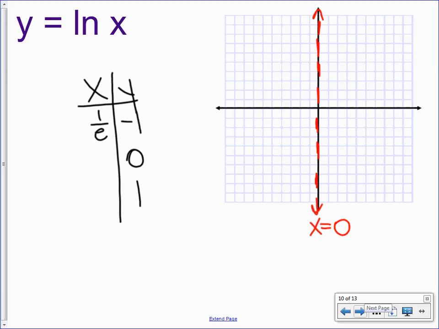What do I plug in to get 0? And what will we plug in to get 1? Obviously, we'll have to approximate those to put them on our graph, but there's our natural logarithm.